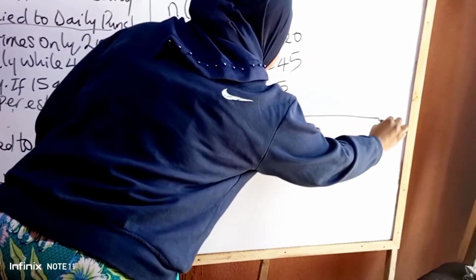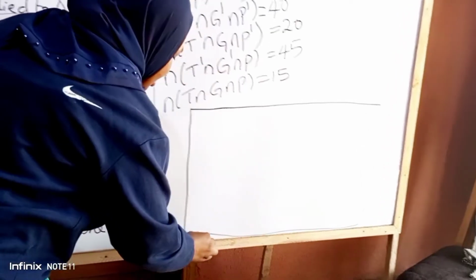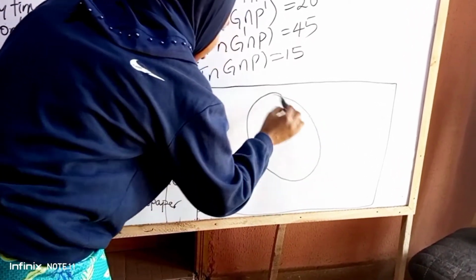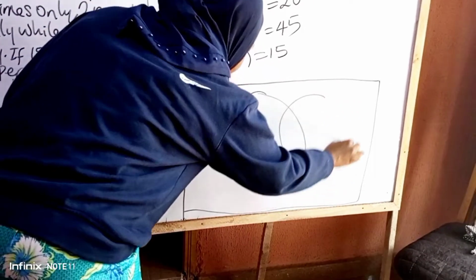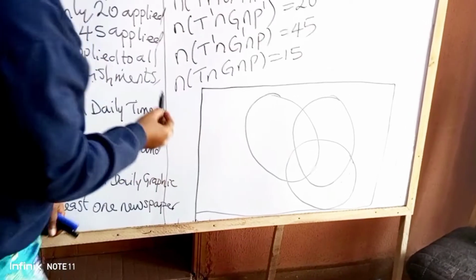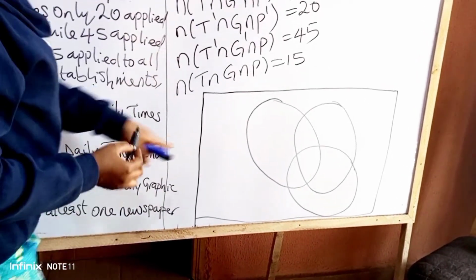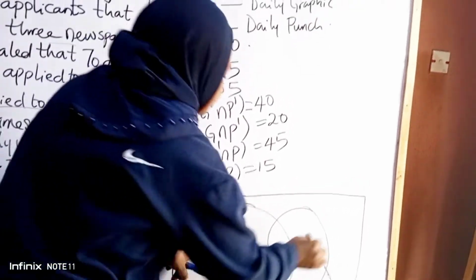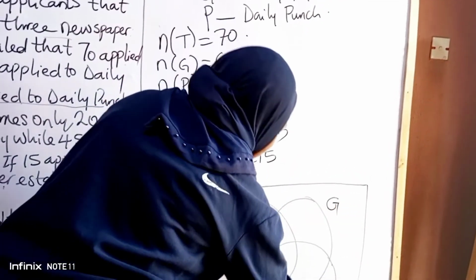You draw a rectangle. Then we have 3 sets, so draw 3 circles. The first circle is the first set, T. The second one is G. And the last one is P.